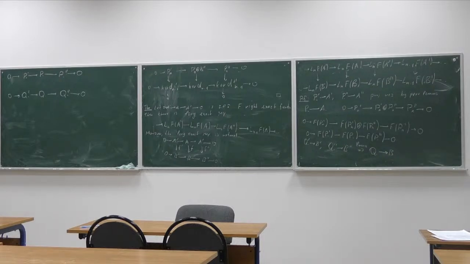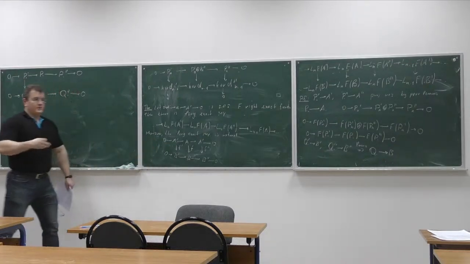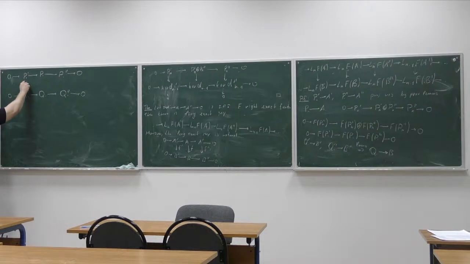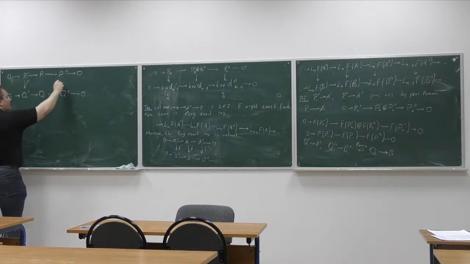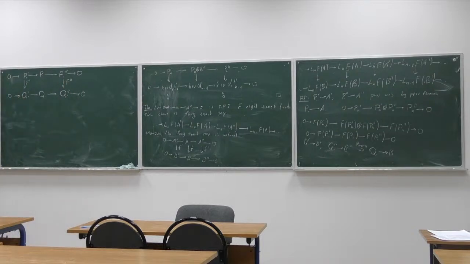Now I know by the lifting to resolutions that this map little f prime, I can lift to the resolutions, and this lift is unique up to homotopy. I can do the same for f double prime, and of course I can do the same for the map in the middle. So this gives me this diagram. The question is: is it true that this is a commutative diagram in the category of complexes?